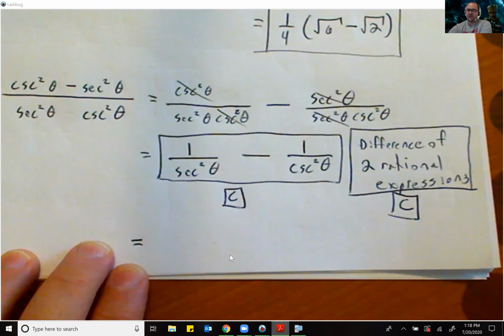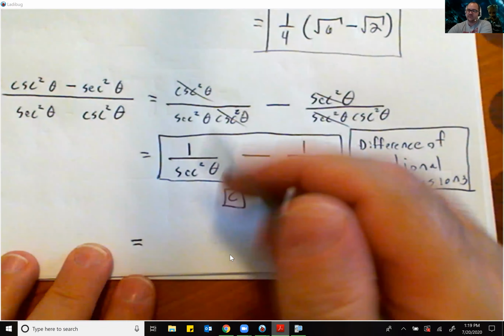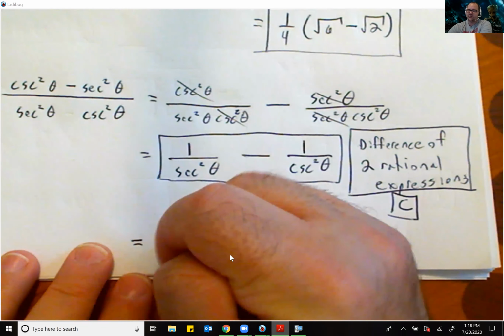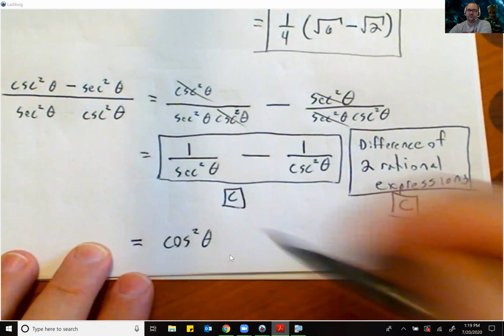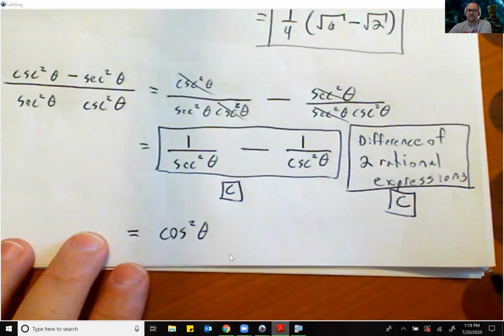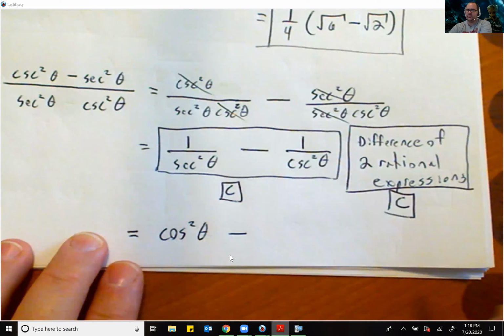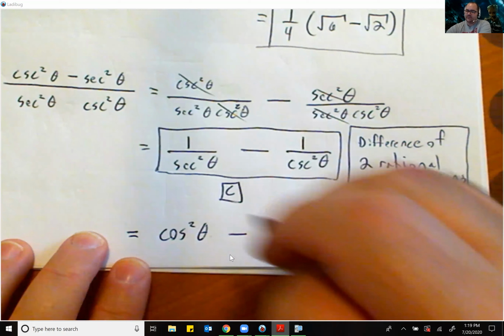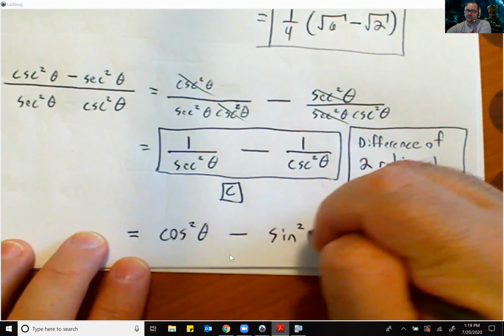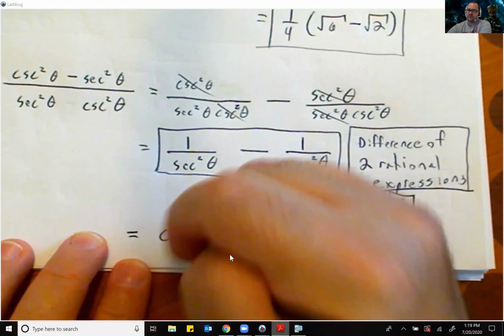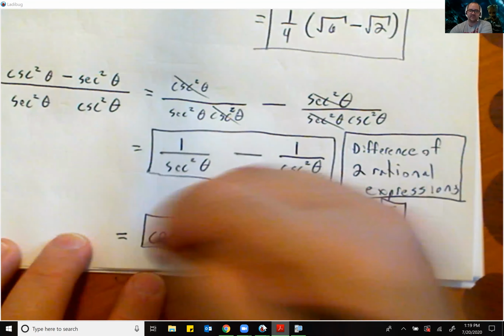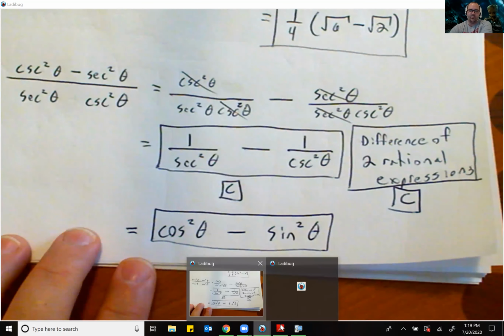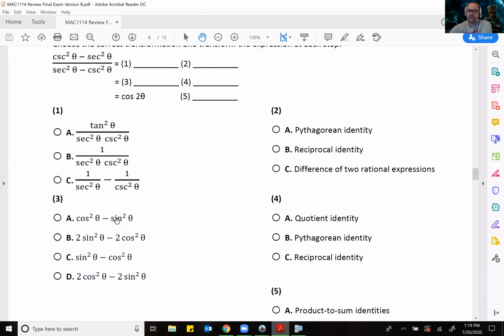Okay, well, the reciprocal of secant squared is cosine squared theta minus the reciprocal of cosecant squared is sine squared theta. And that's the next piece. We want cosine squared minus sine squared, and that's A.